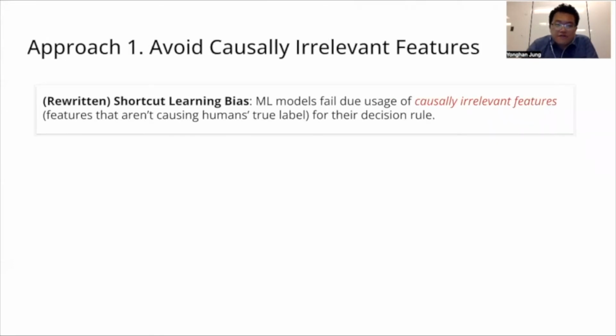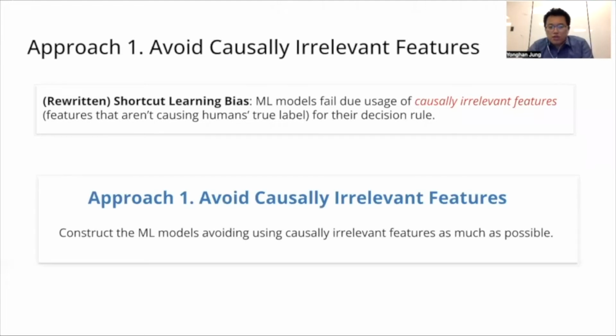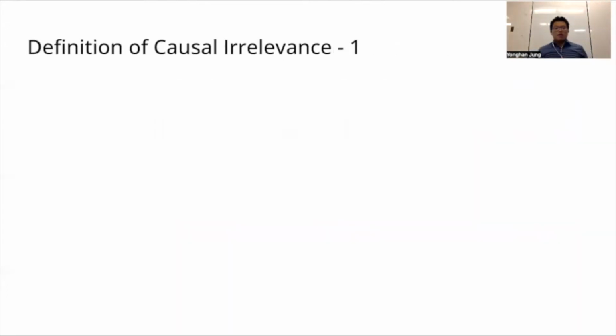So this gives the first approach, which is that we have to construct the models by avoiding causally irrelevant features as much as possible. Now, we formally define the causal irrelevance.